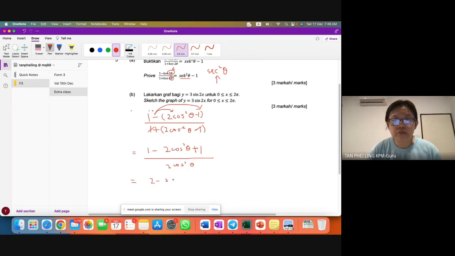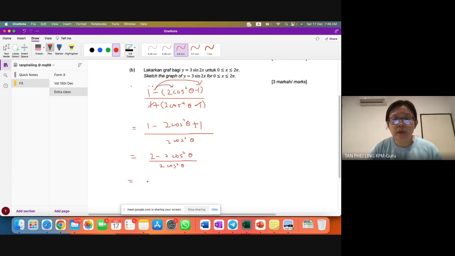So 2 minus 2 cos square theta. Am I right? Because the bottom you only have one term, the term can be separated, where you have 2 over 2 cos square theta, and then you minus 2 cos square theta over 2 cos square theta.